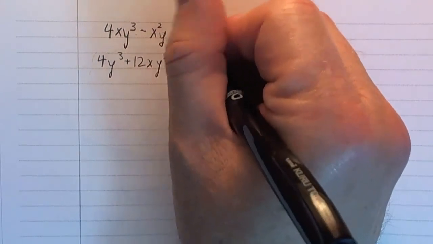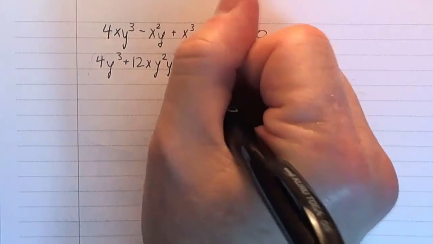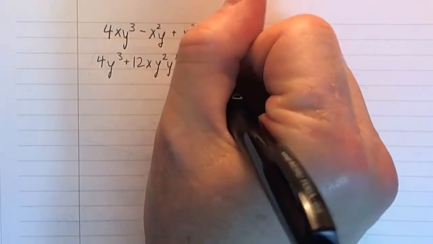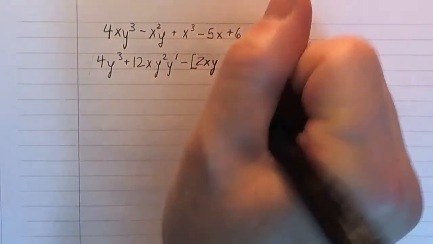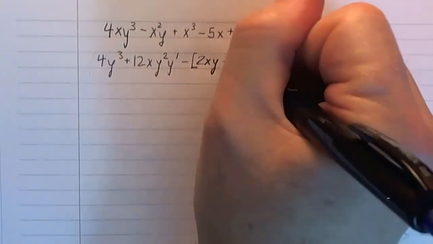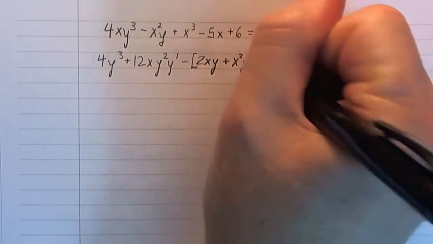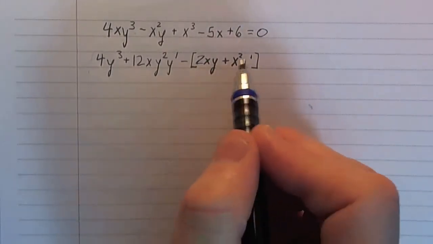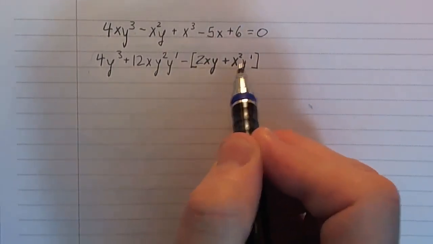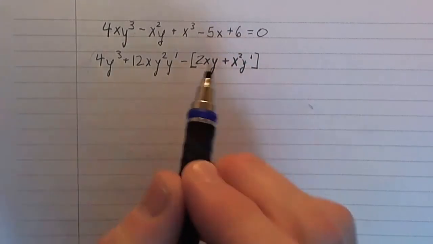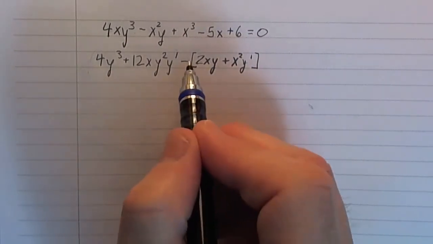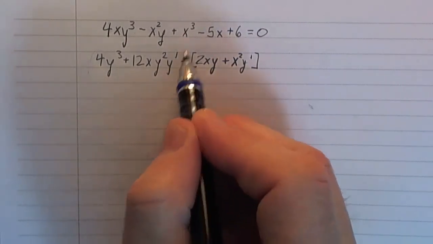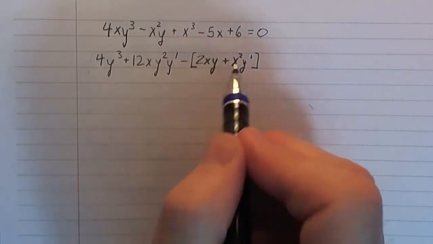That way I don't mess up on my negatives, my signs. So here I go. Inside this, derivative of the first, 2xy, plus derivative of the second is just y prime. And I close that off. See, derivative of the first times second plus derivative of the second times the first, and the negative is in front there. Good. So I'll know when I drop this parentheses to distribute the negative through.